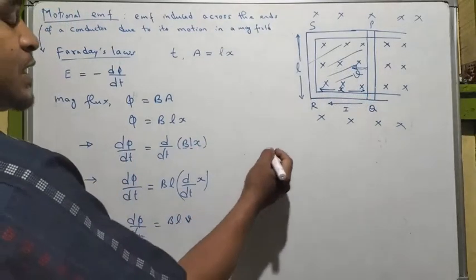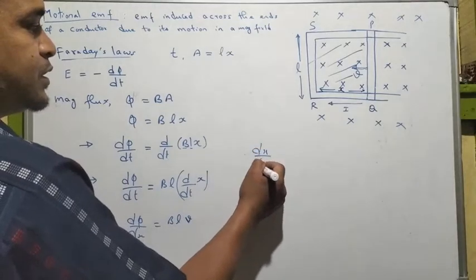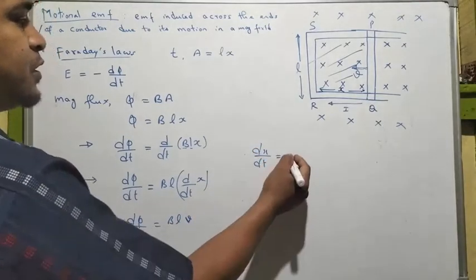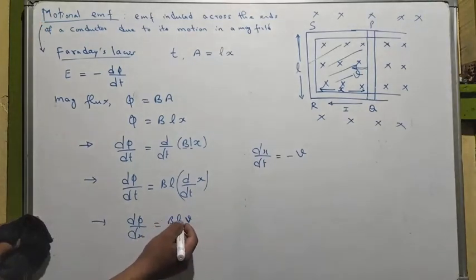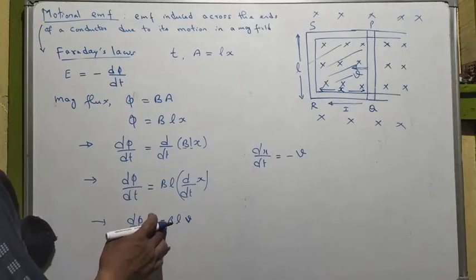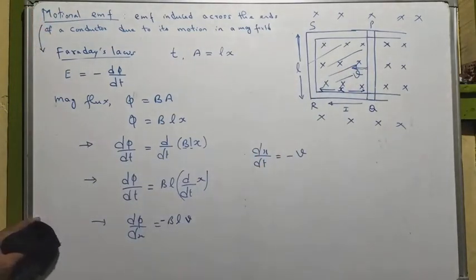So I will say that dx upon dt is not just v, but minus v. Please note down this minus sign. It is because the direction of the velocity in this case is along the decreasing magnetic field.